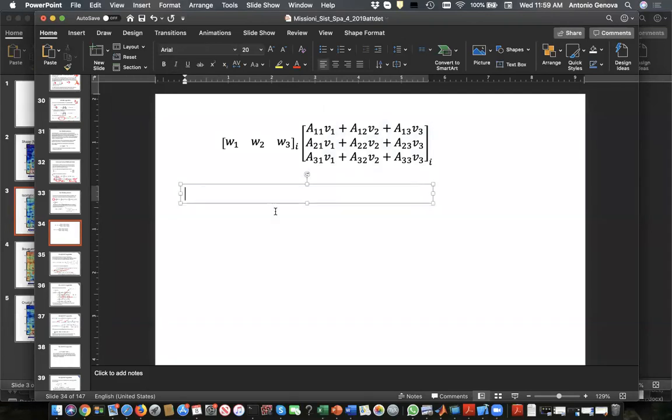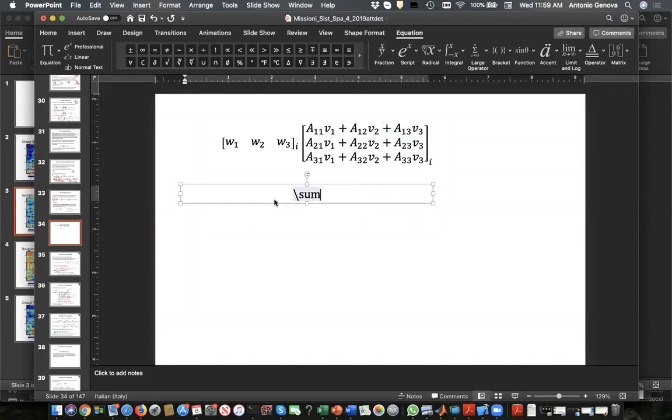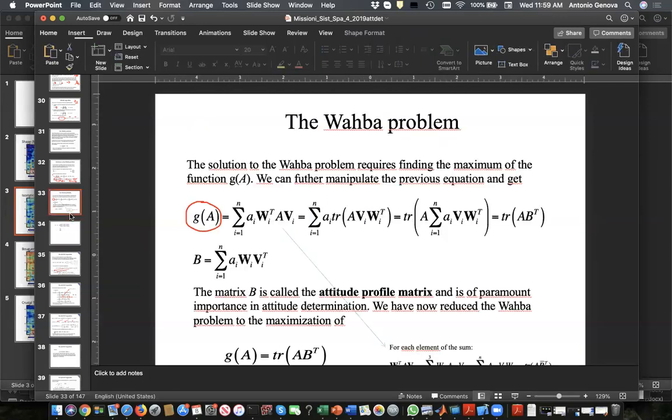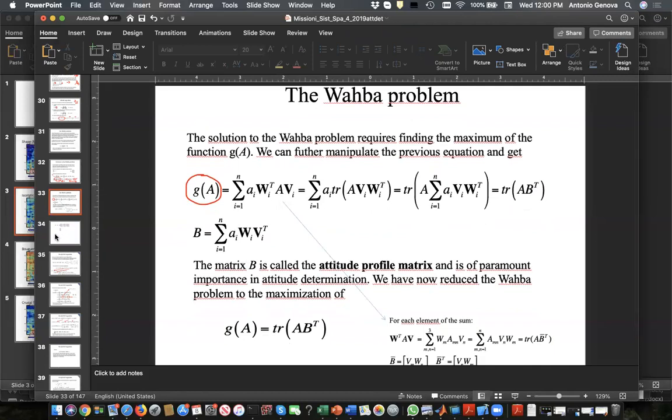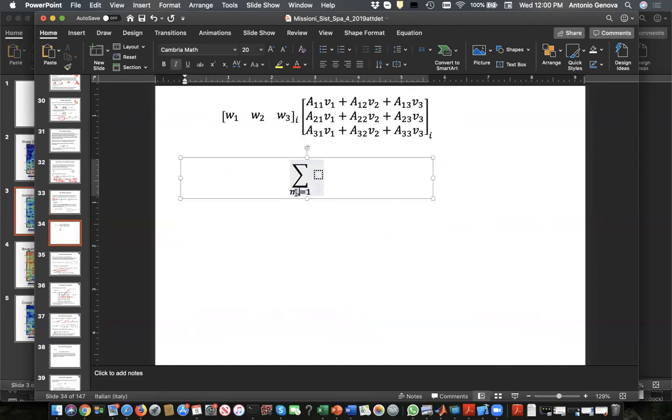you can, so this expression is equal to the sum of m equal to 1 up to 3, and also, let's use n, from 1 to 3, of W_m A_mn V_n.